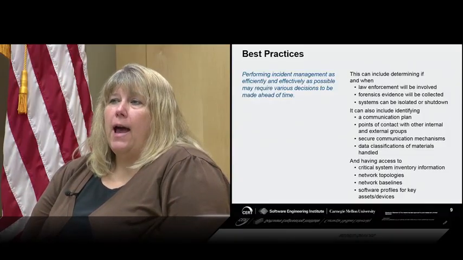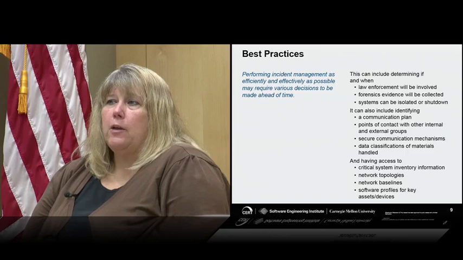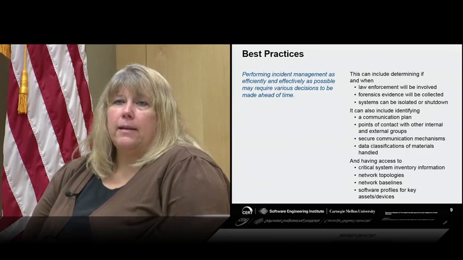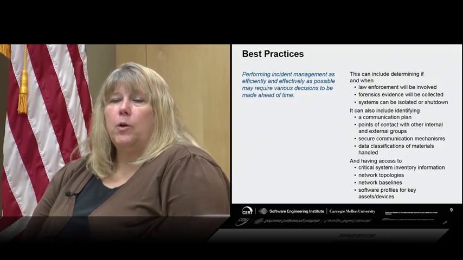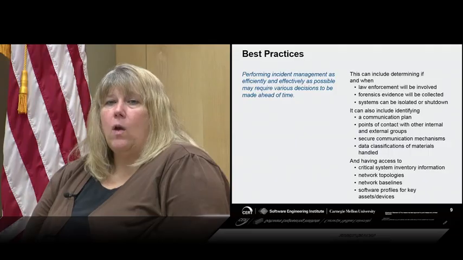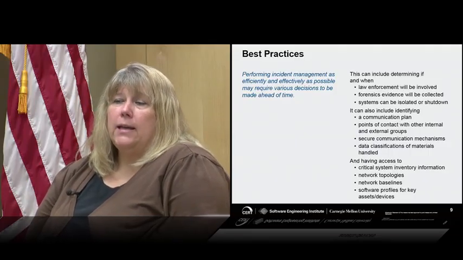Also understand and have what the correct software profiles should be for your key assets and devices, and whether newer versions are available that can put preventative measures in place or have specific functions that can be used in incident response.